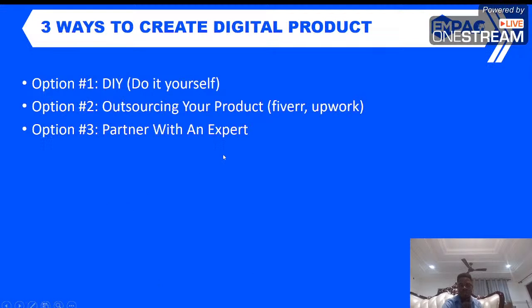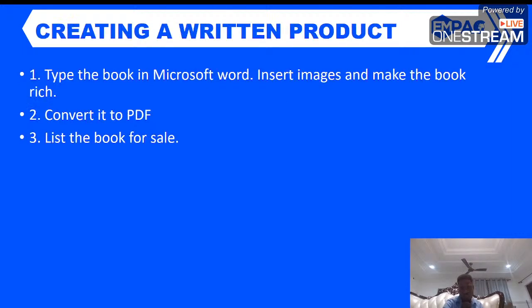Then you can partner with an expert to create your digital product. If you think I'm an expert, we can partner and do something. So you can partner with someone already in the industry and you work out something. Now, in most cases, when you are working on a written product, one of the things is you convert it to PDF.